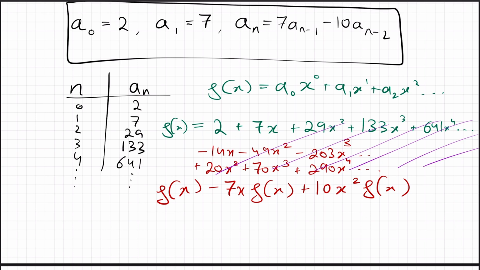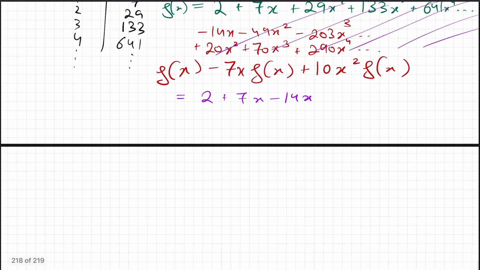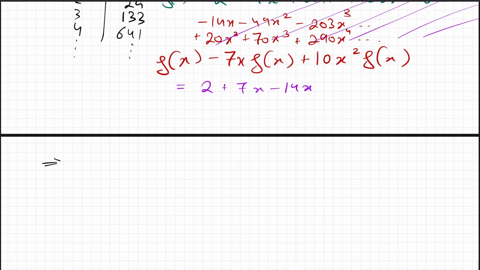Okay, so what does this tell us? Well, that means that once we've cancelled everything out, f of x minus 7x f of x plus 10x squared f of x is just equal to 2 plus 7x minus 14x. So let me write this a bit neater.